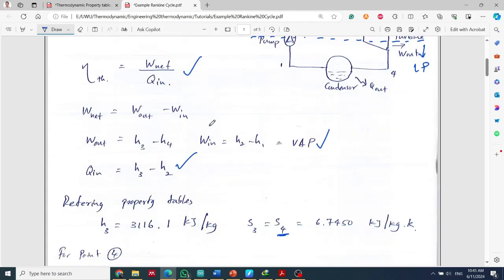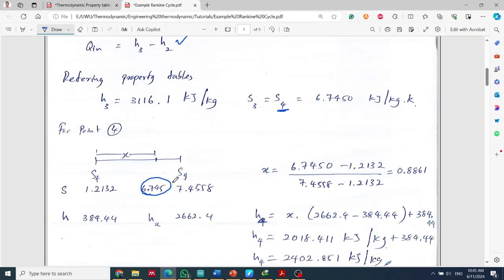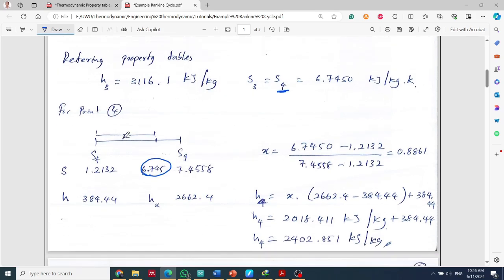Otherwise, if you do not get this kind of relation, for example, if you have S4 larger than 7.4558, this means it is in the superheated region, right? But in this case it is in the mixture region, because we have that point in between the two saturated values, right.